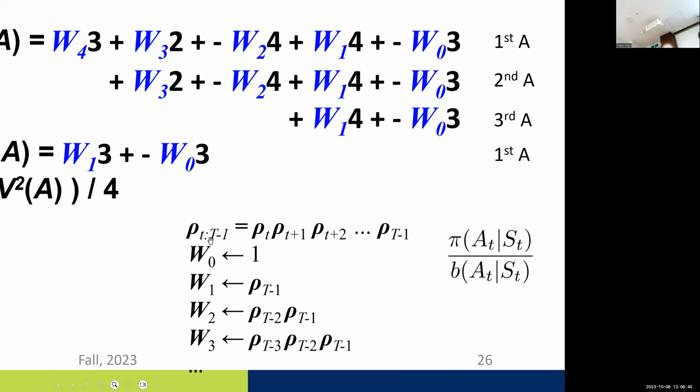Rho T to capital T minus 1 means the product of all the rho T along the time steps from time T until termination.